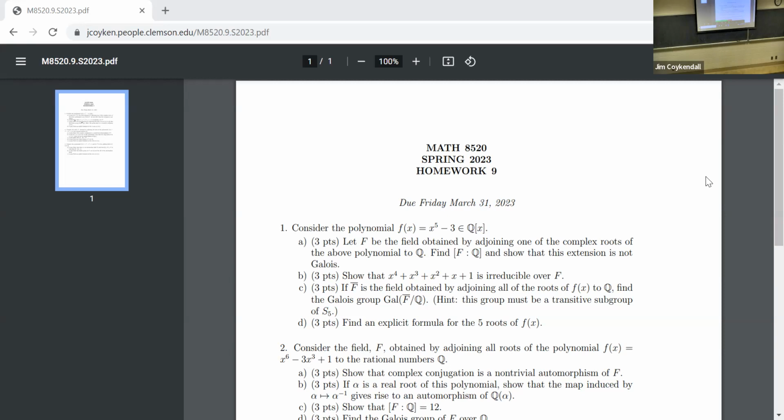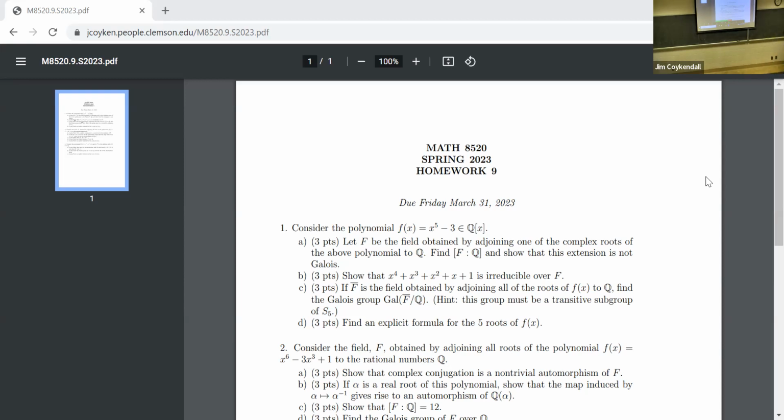By the end of this chapter, I'm going to give you very concrete ways to compute Galois groups of polynomials. I'm going to show you some different techniques, but I think this might help build to that, because here I ask you to get your hands dirty doing some of this.